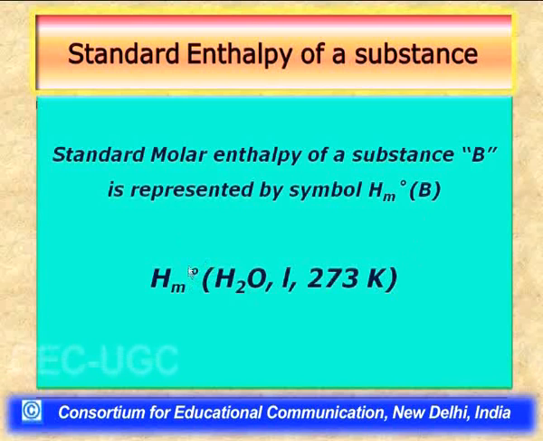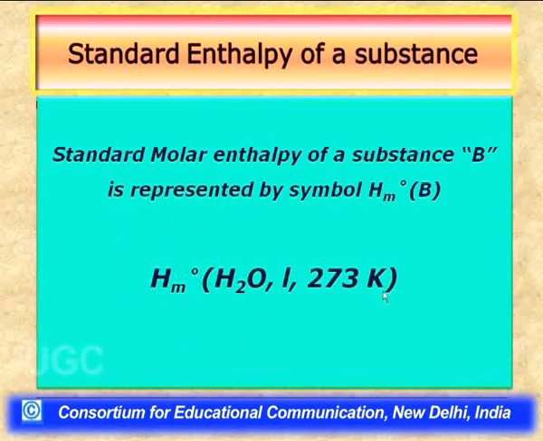Because we have given a superscript degree over the symbol of the molar enthalpy of the substance. That is, a degree as a superscript has been applied over the symbol for the molar enthalpy of the substance. So it means standard molar enthalpy, and standard molar enthalpy is the molar enthalpy of the substance under 1 bar condition.